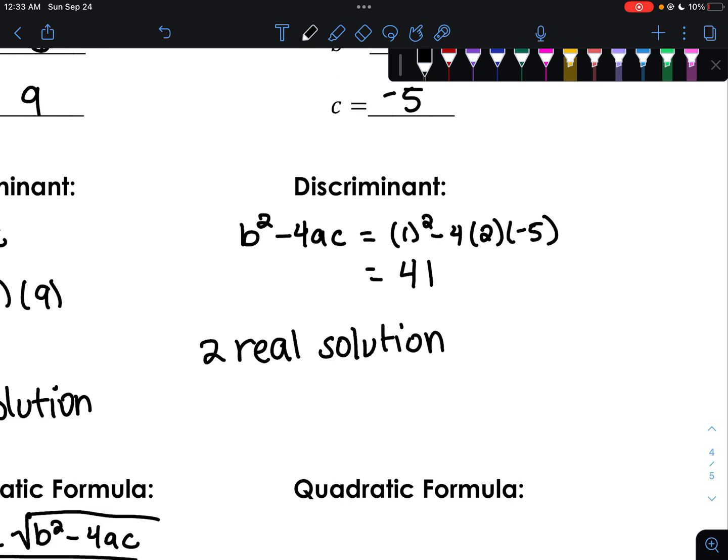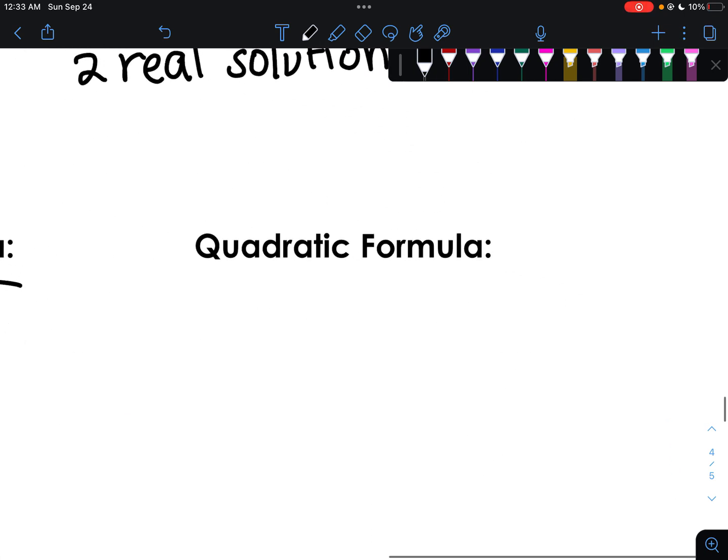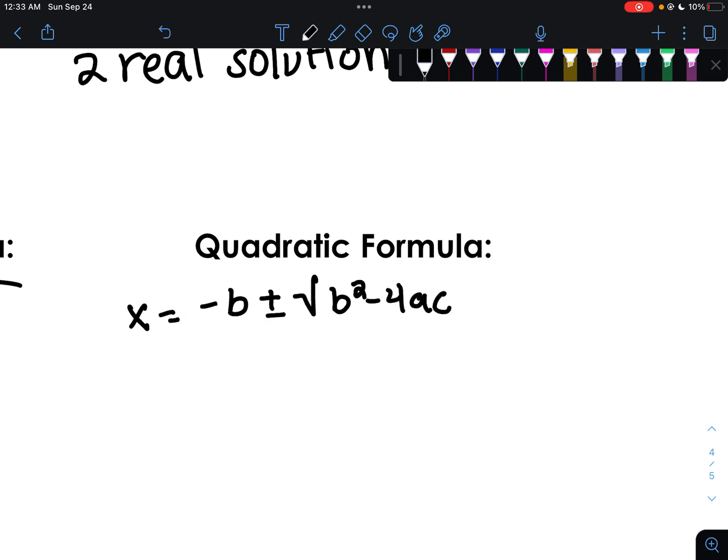So now that we know that, we can go ahead and plug it into the quadratic formula. So negative b plus or minus the square root of b squared minus 4ac all over 2a. Then we have to plug in everything.